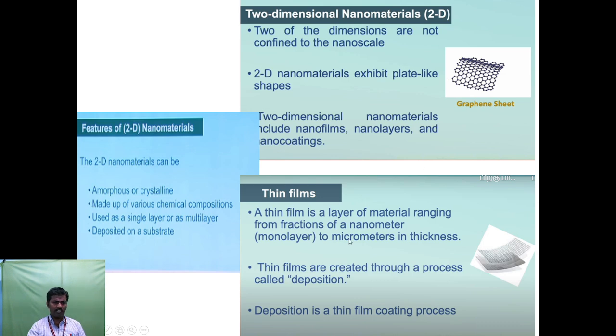The main features are: they may be amorphous or crystalline, made up of various chemical compositions, and used as a single layer or multilayer. It is a thin film. A thin film is a layer of material ranging from a fraction of a nanometer to micrometers in thickness. Thin films are created through a process called deposition.